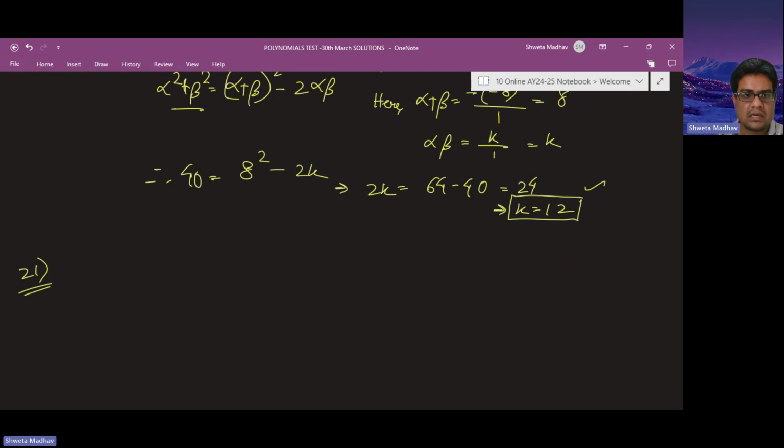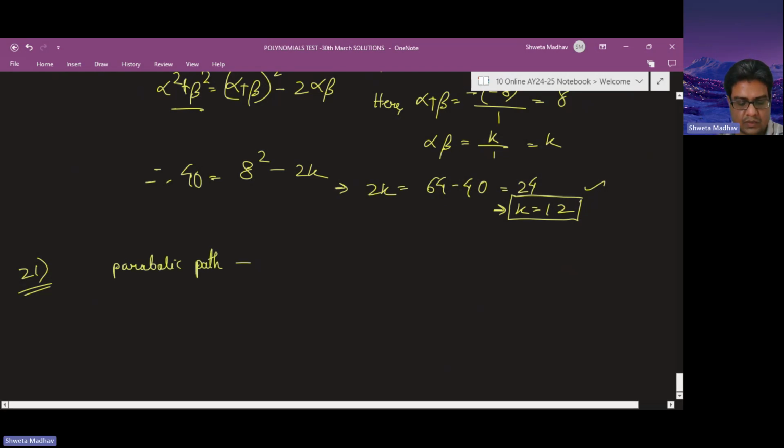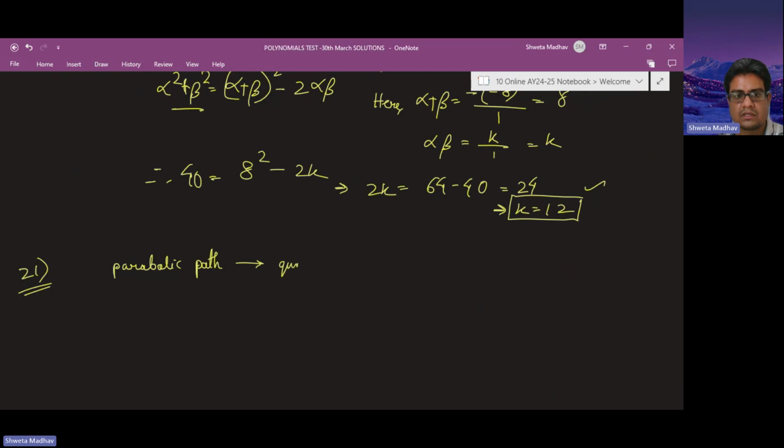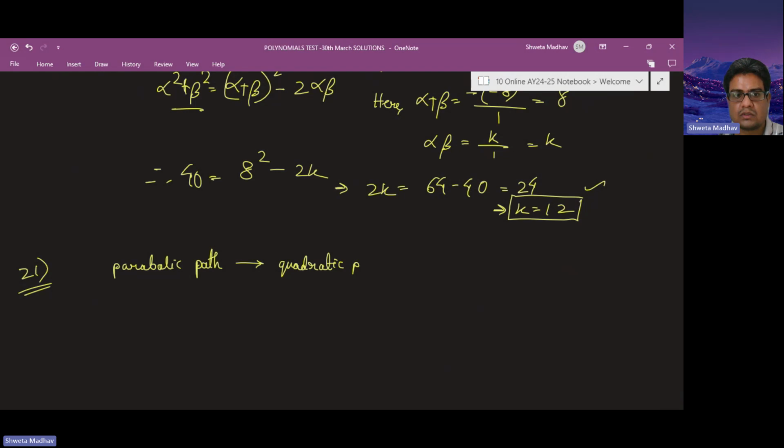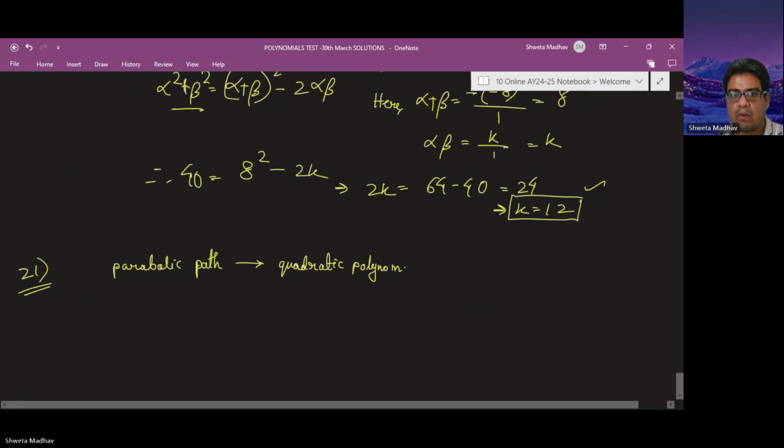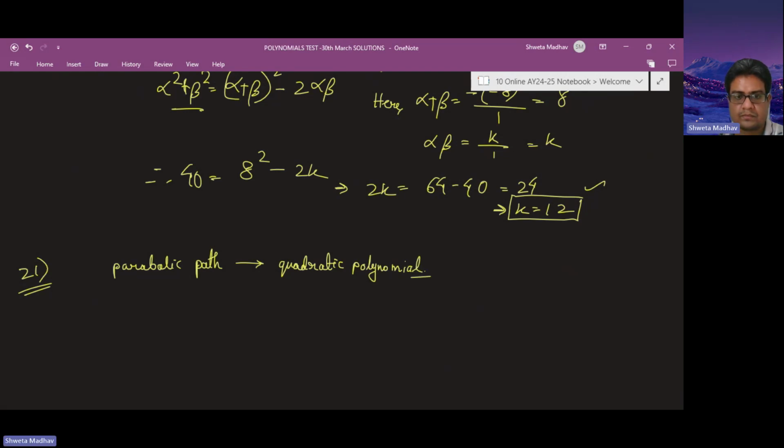So the shape of the path is a parabolic path. So its equation will obviously be a quadratic polynomial.